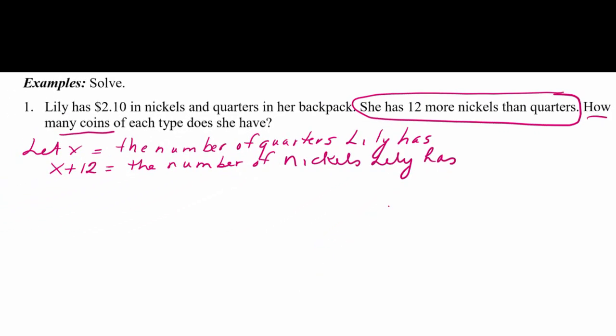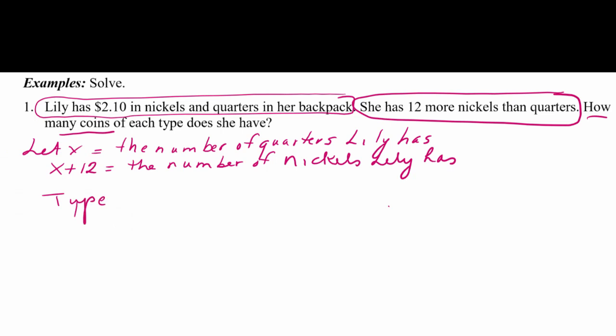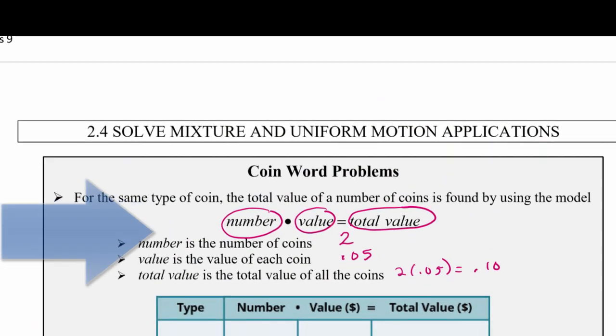Now for our equation, we are going to talk about the amount of money. She's got $2.10. Remember our table from before? The table had type of coin, number, value, and number times value equals total value. I'll remind you because I'm going to scroll. See it right here?